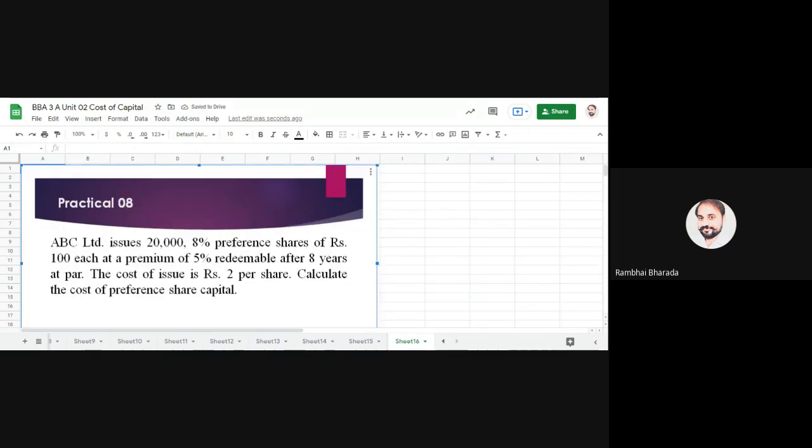You may take a screenshot. Before the next session, you need to complete this entire practical question. If you have any query, any question, let me know. Otherwise, write your enrollment numbers and then after you are free to leave.